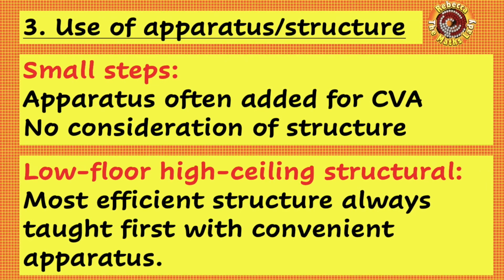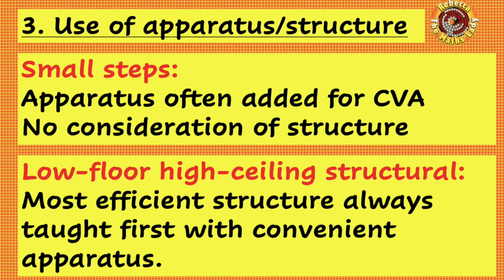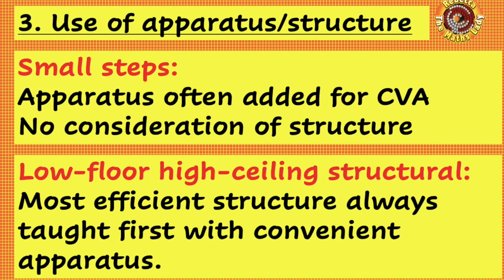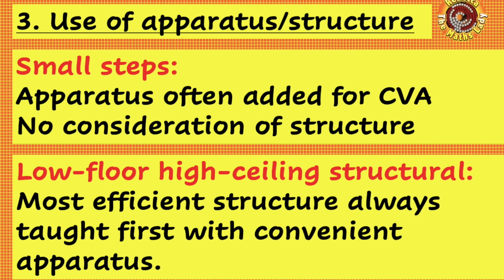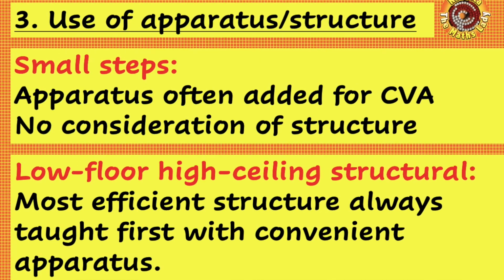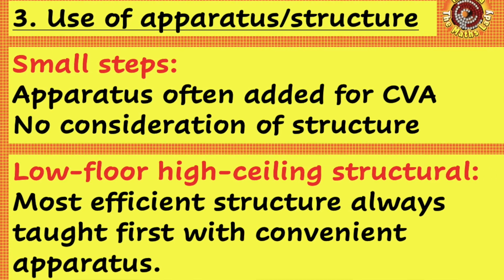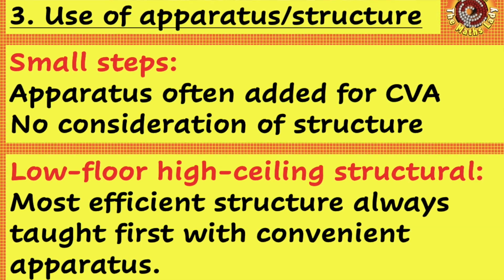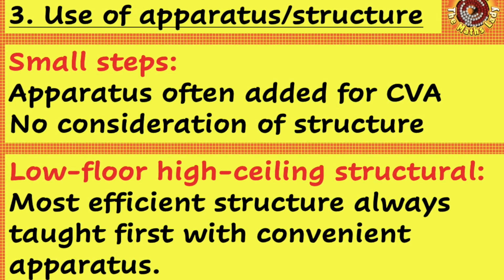And sometimes it's really well done, and sometimes it's done so well it's not very much different from what I recommend. But often it's done quite badly, and just researching this topic, I was quite shocked by what I saw in some of the schemes of teaching that claimed to use apparatus. The apparatus wasn't well used, it wasn't helpful.